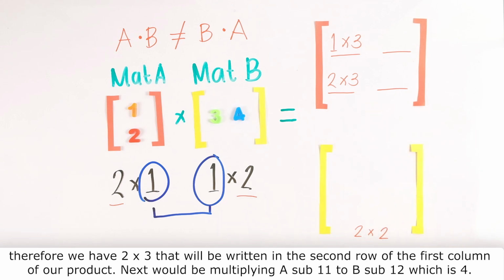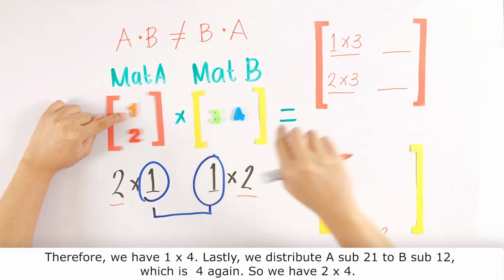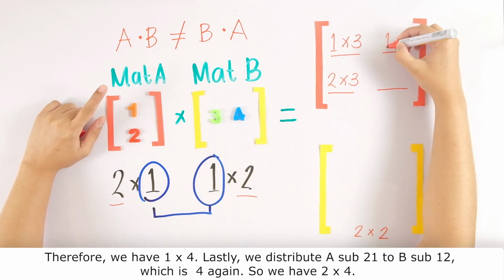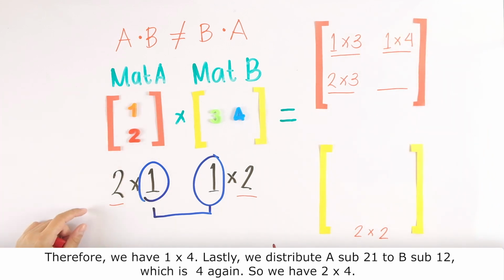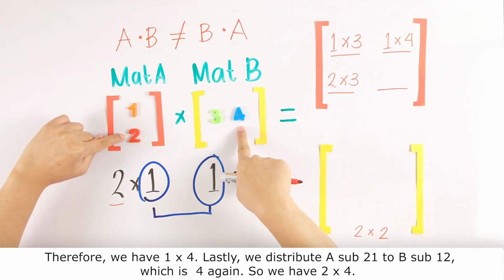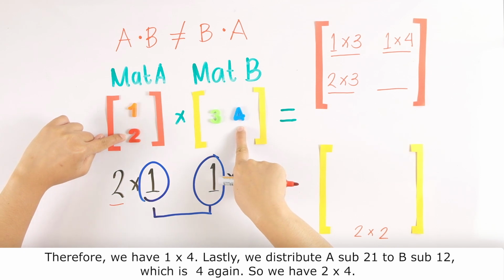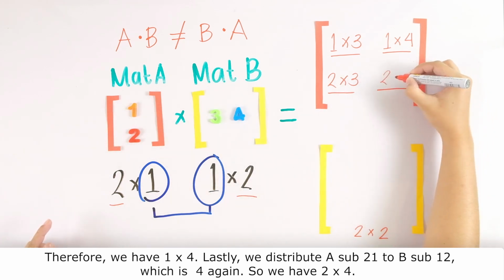Next would be multiplying A sub 1,1 to B sub 1,2, which is 4. So therefore, we have 1 times 4. Lastly, we distribute A sub 2,1 to B sub 1,2, which is 4 again. So we have 2 times 4.